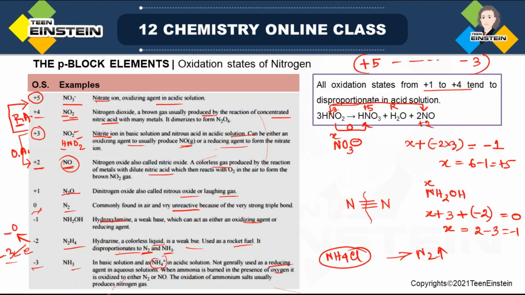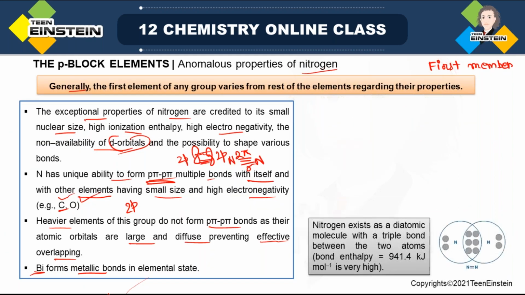See here we have the structure of the nitrogen molecule. Nitrogen has 5 valence electrons because it is 2s2, 2p3. Out of these 5 valence electrons, 3 will be used for bond formation and 2 electrons are not used, so this will be a lone pair.